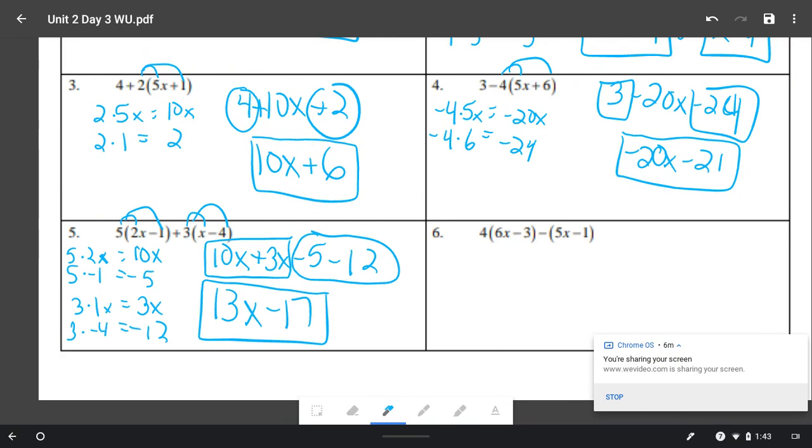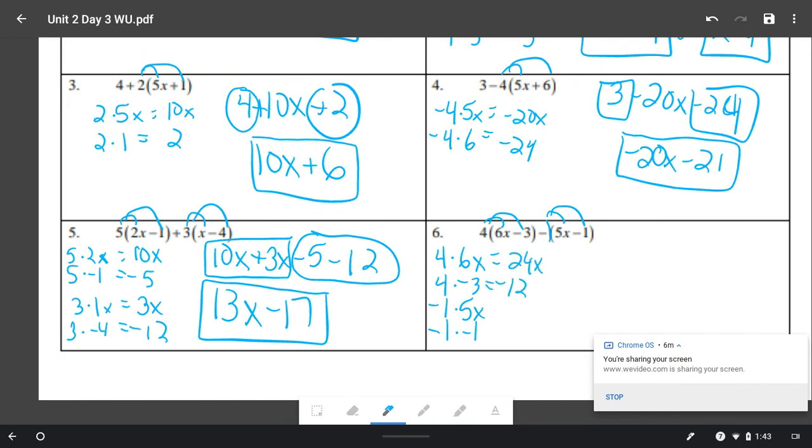In the last one, we have to distribute twice. We distribute this 4, and there's a negative 1. Remember, if there's nothing written, there's always a 1 there. So that 4 we multiply by 6x. The 4 we multiply by negative 3. The negative 1 we multiply by 5x. And the negative 1 we multiply by negative 1. So we get 24x.